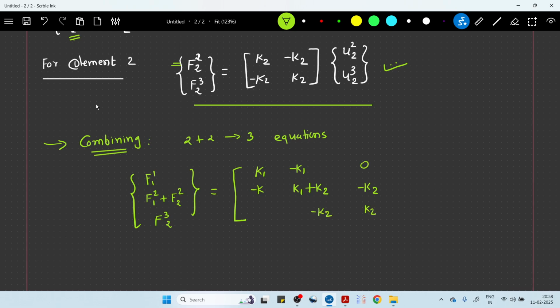This will be 0. And here u1 from element 1, u2 from element 1 plus u2 from element 2, and u3 from element 2.